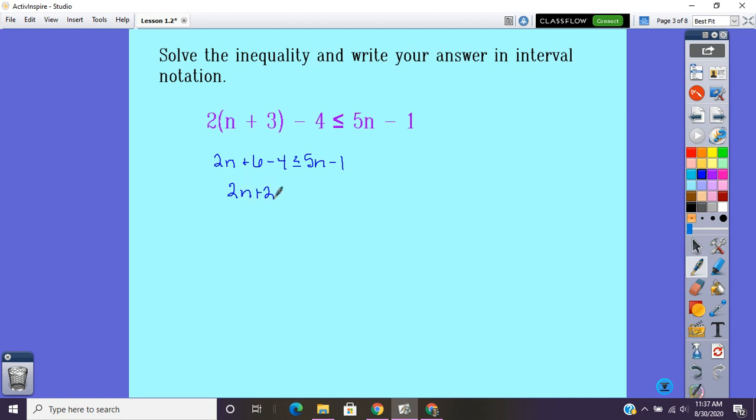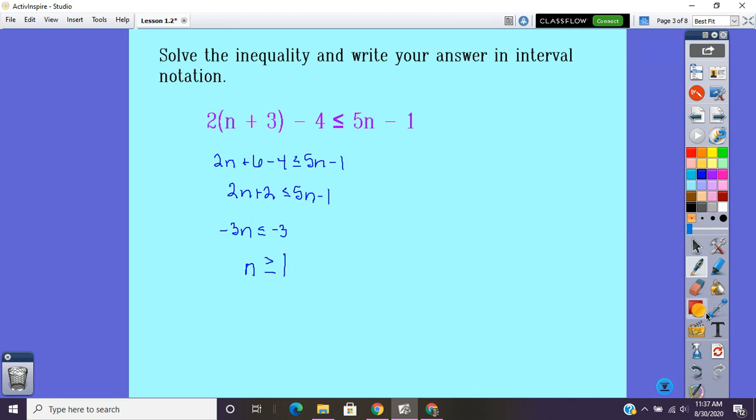So 2n plus 2 is less than or equal to 5n minus 1. So let's subtract our 5n, so we'd end up with negative 3n, and then subtract our 2, so negative 3. And then we'll divide by a negative. Now remember, when we divide by a negative, it turns the inequality around. So we'd have n is greater than or equal to 1.